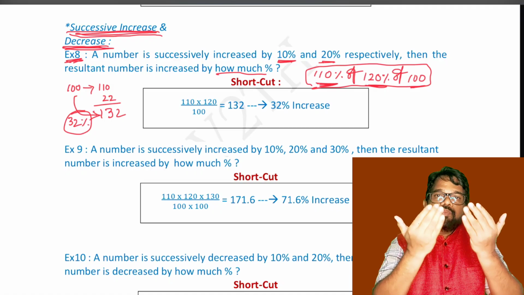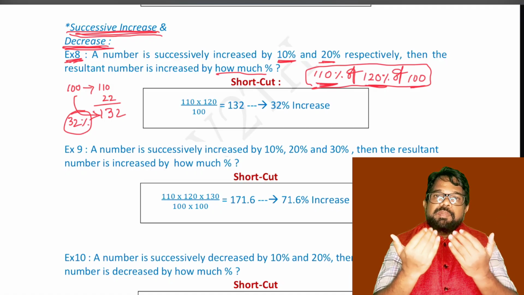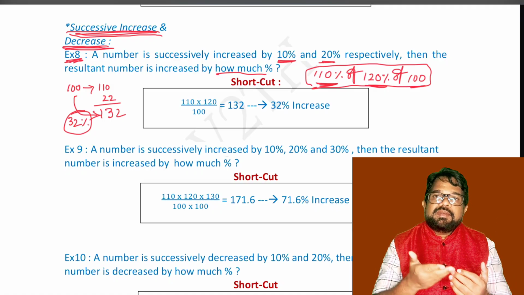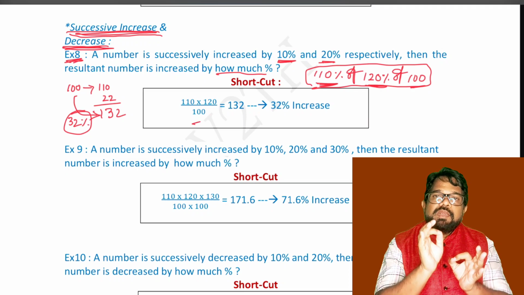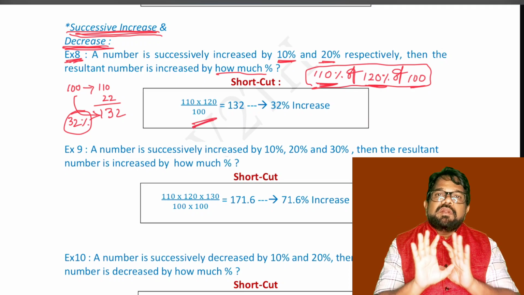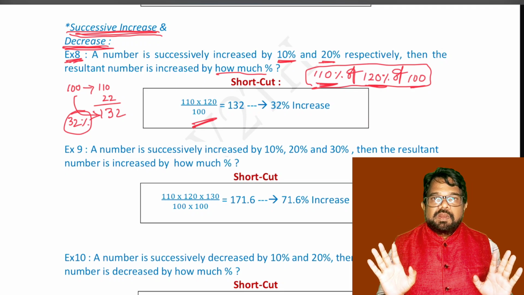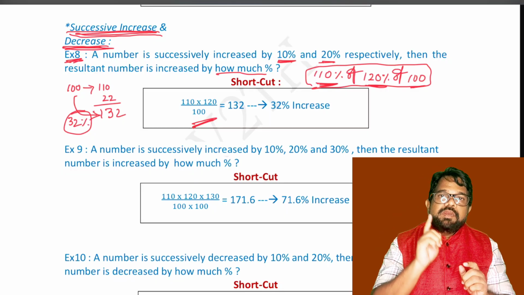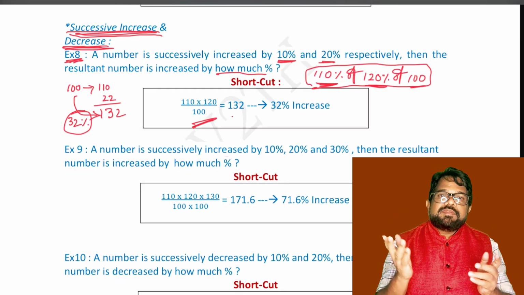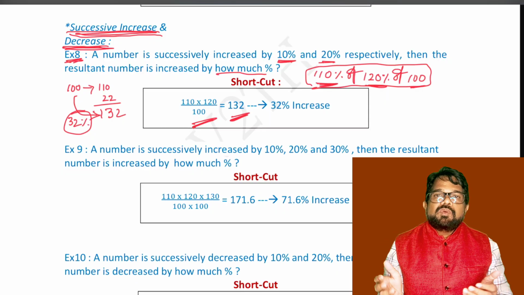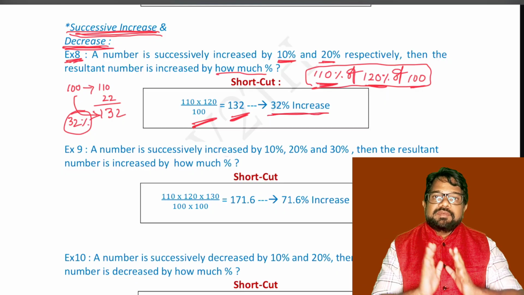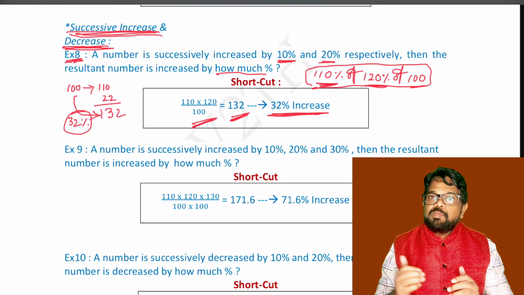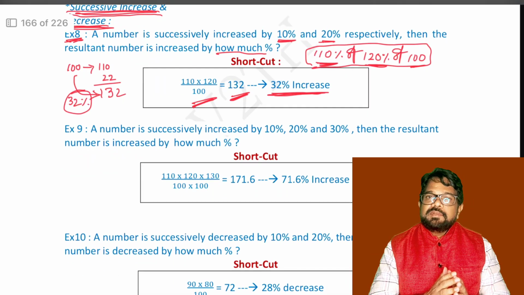So 110% means 110 by 100 into 120 by 100 into 100. 100 gets cancelled. Simply we take 110 into 120 by 100. That is a shortcut. Not necessary to write more on the paper. So 110 into 120 by 100. 2 zeros get cancelled. 11, 12, 132. We say 32% increases.